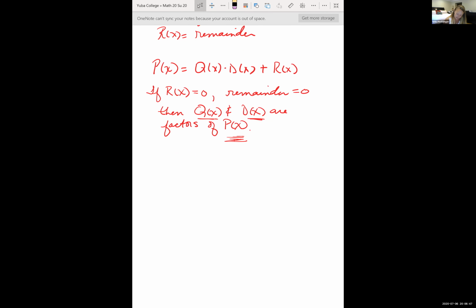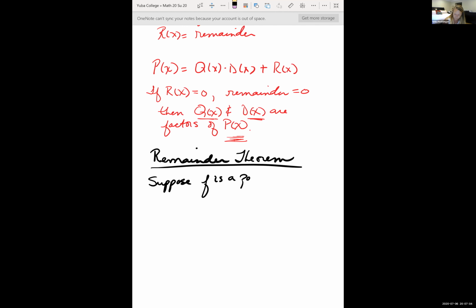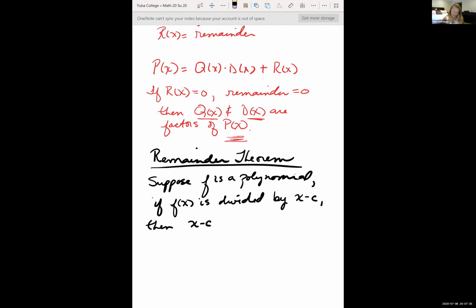So suppose, and this is called the remainder theorem, that f is some polynomial function, and if f of x is divided by something in the form of x minus c, then the remainder is f of c.